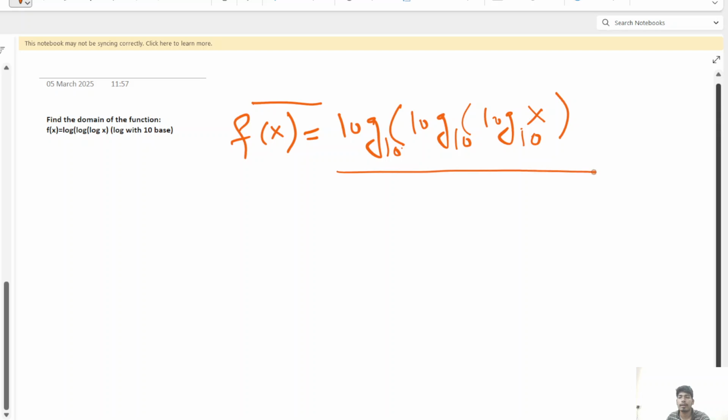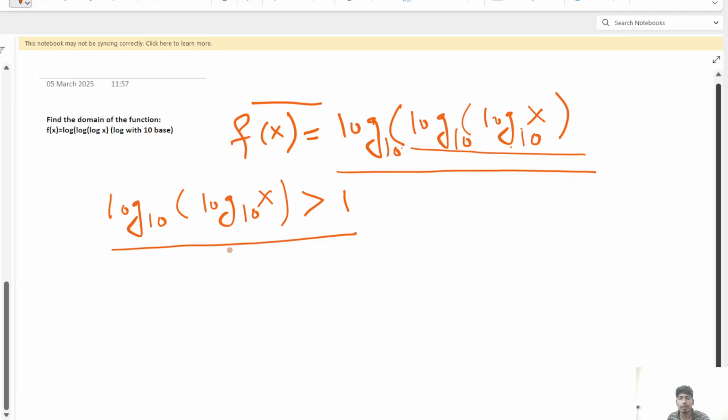Okay, so we know this value, we have to find the domain, meaning this value is greater than 1.